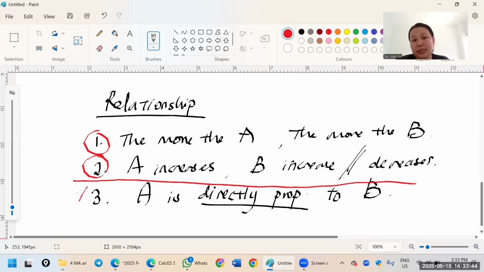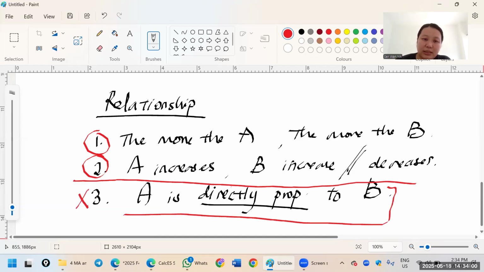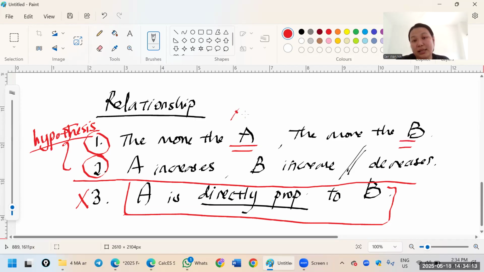Avoid using this. Why? Because there is one SPM question, not last year, sorry, 2023. I think it's in your analysis. It's wrong if you write this. So I would say these two are the relationship for hypothesis. Hypothesis is the prediction of the relationship between your, let's say, MV and RV.